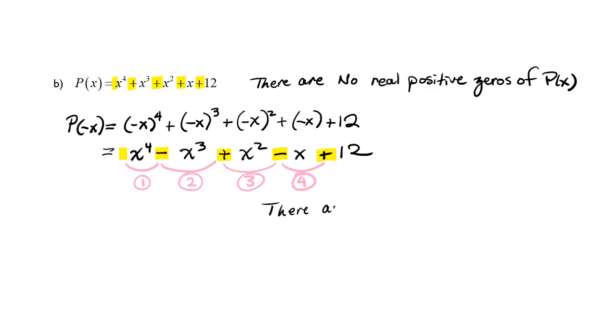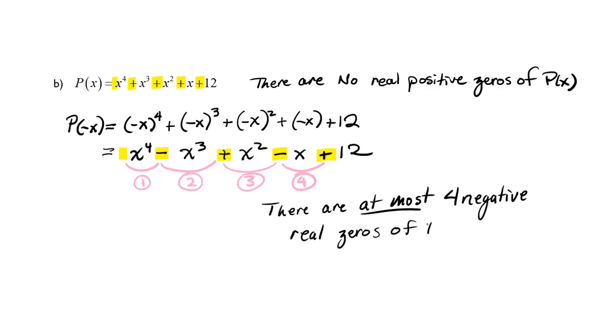So there are at most 4 negative real zeros of p of x.